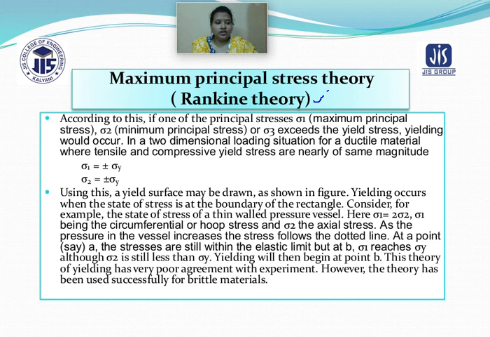So, if you talk about the maximum principal stress theory, then I must say this theory is also known as your Rankine theory, and according to it, a material in a complex state of stress fails when the maximum principal stress in it reaches the value of stress within your elastic limit.